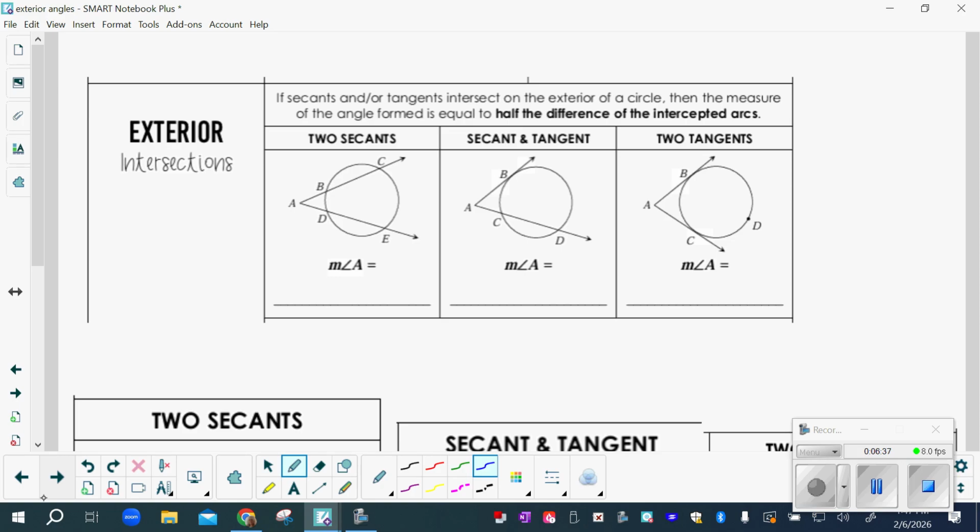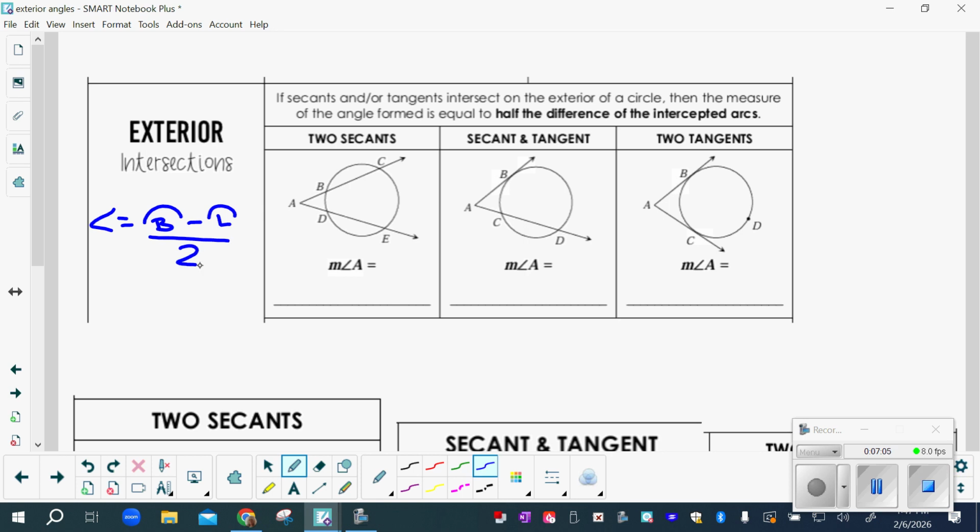I will give you access to the formal way, but does that seem like a different language to me? It does. So what I want you to write down is the Mrs. Tarantino interpreted way, which is exterior angles: angle equals, again, big arc minus little arc divided by 2. That's our formula. That's it.